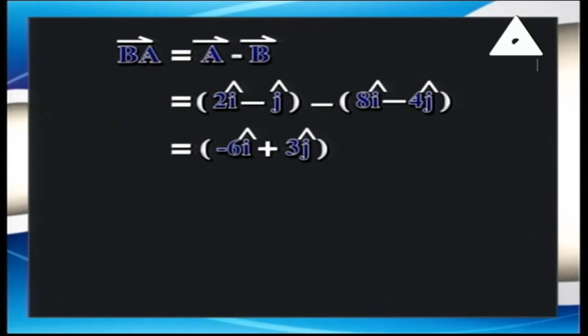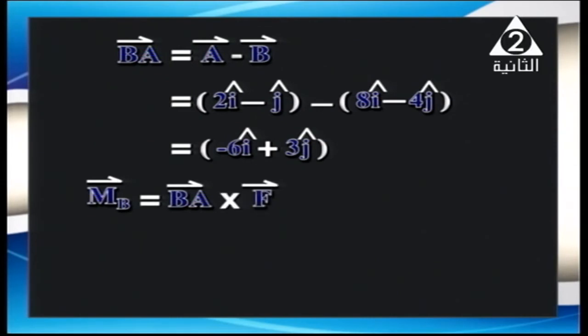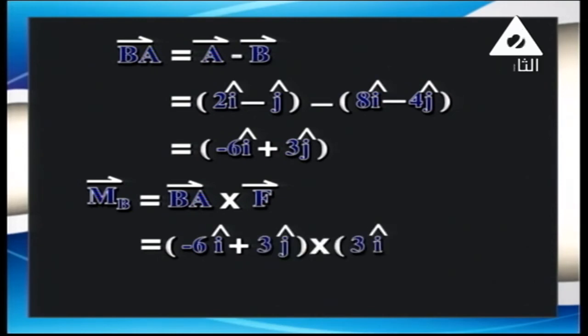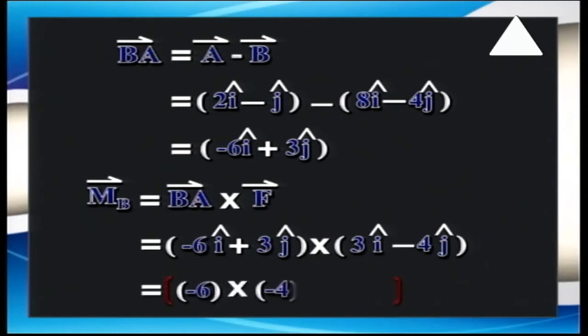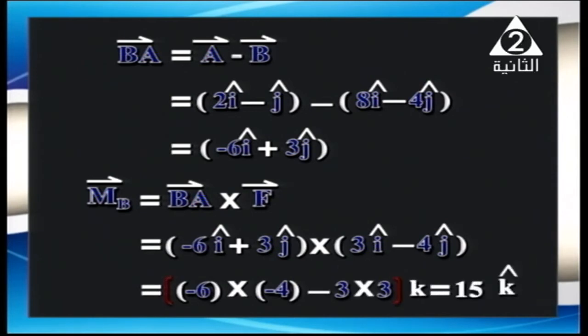Then the moment about B equals BA, or R vector, cross F vector. What is the component of the BA vector? Negative 6i plus 3j cross F vector, whose components are 3i minus 4j. We multiply negative 6 times negative 4 minus 3 times 3. The answer is 15k. This is the moment about B.